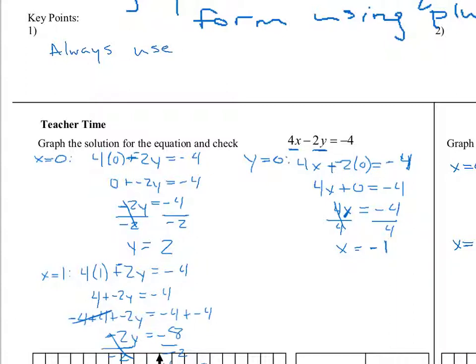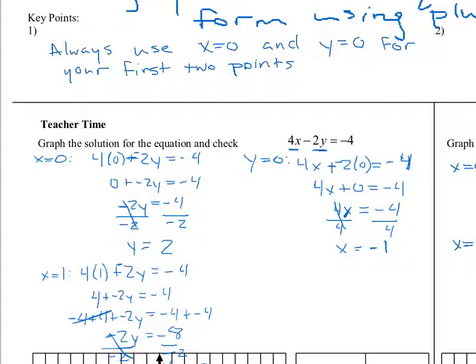Always use x equals 0 and y equals 0 for your first 2 points. Could not have said it any better myself.